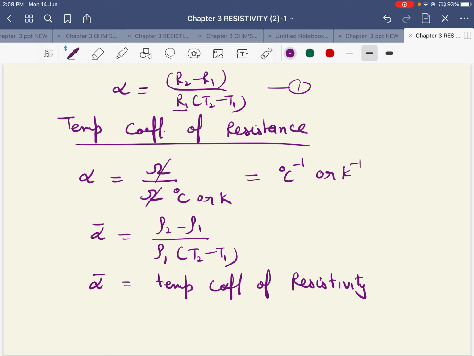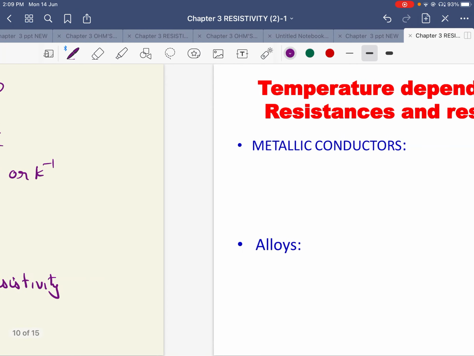And the unit is again the same, that is degree centigrade minus 1 or Kelvin minus 1. Now we will discuss alpha and alpha bar side by side, that is the effect of temperature on metals, semiconductors, conductors, insulators, on resistance and resistivity.